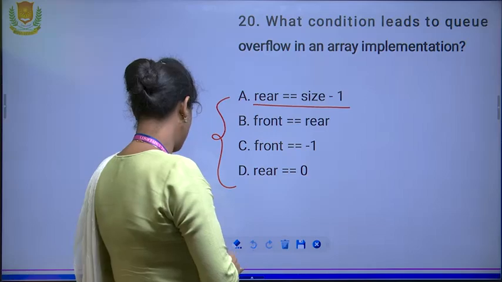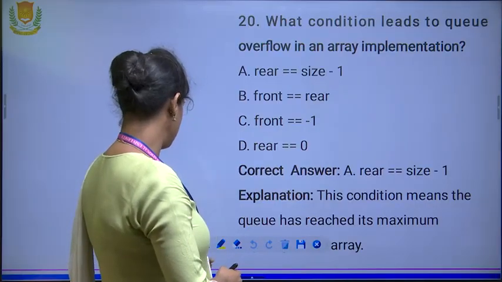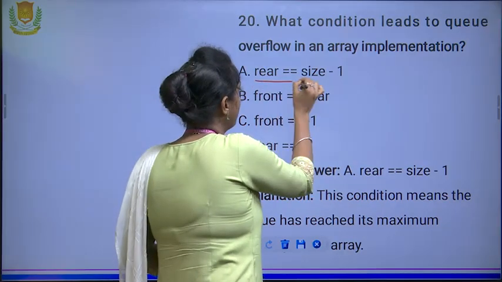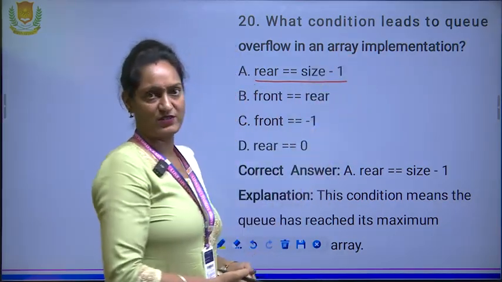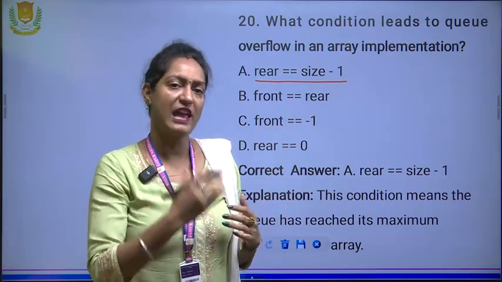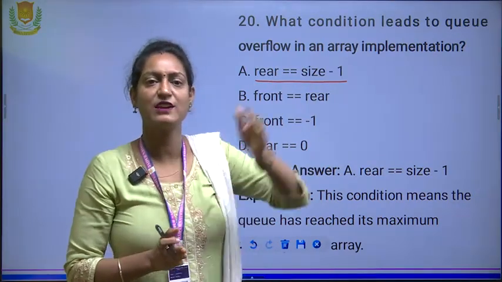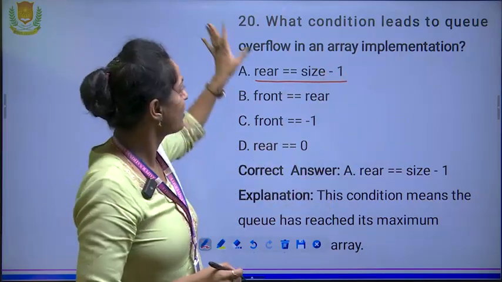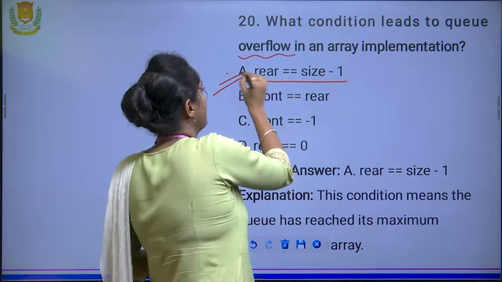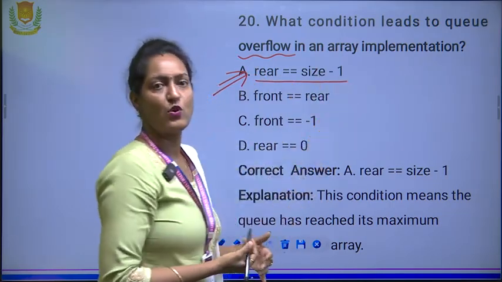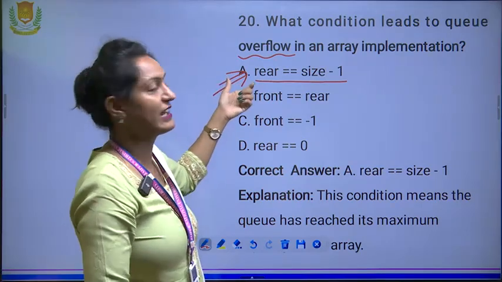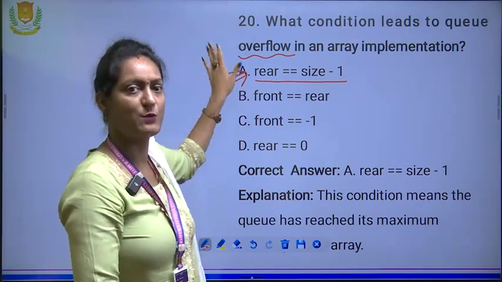The correct option is option A, rear equals size minus 1, because we are using an array, right? The index value will start from 0 to size minus 1. So the condition for overflow is rear equals size minus 1. The correct answer of question 20 is option A.